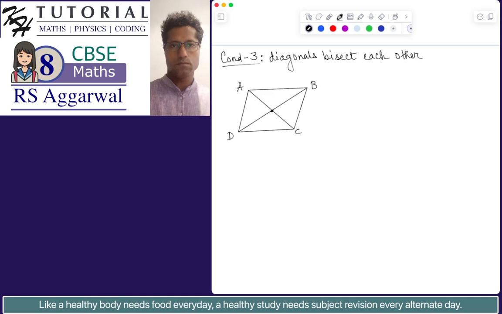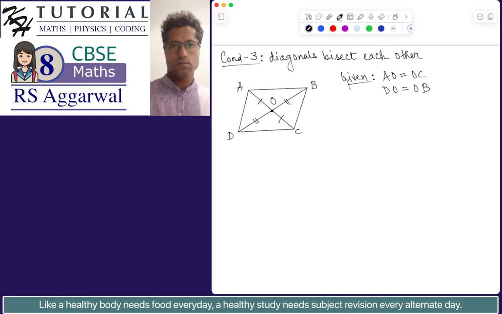Let's say they bisect at the point O. What is given is only that AO is equal to OC and DO is equal to OB.